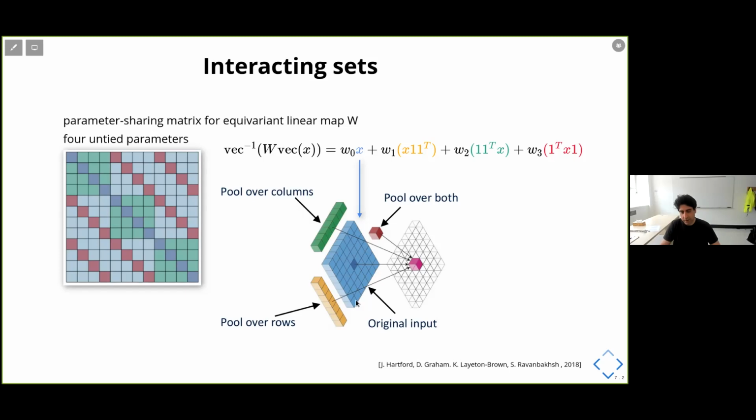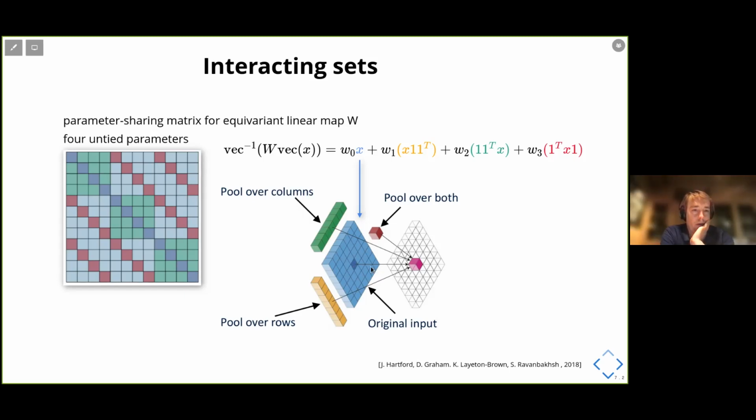This example here, I have a matrix that is 7 by 7. So if I wanted to draw the parameter sharing matrix for this, it would be a 49 by 49 matrix. That would be multiplied by the vectorized version of this matrix here. Okay. Does it make sense?